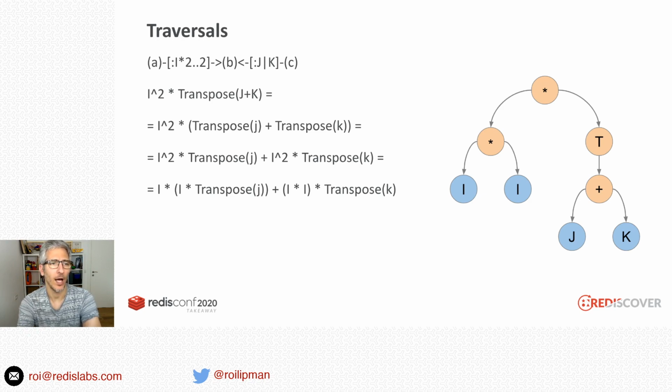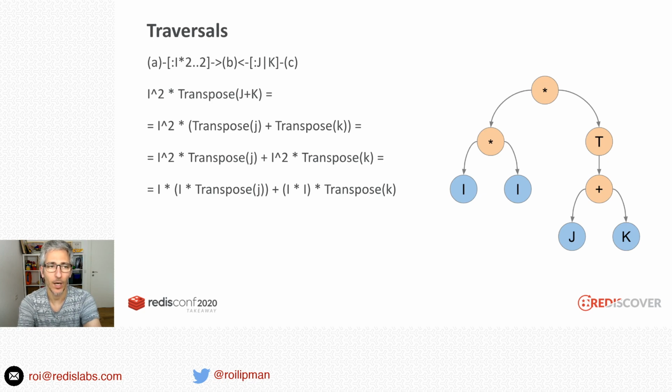And so to translate that to an expression, we get I to the power of 2 representing those two hops from A to B, but then we multiply that by the transpose of J plus K, following our last example.